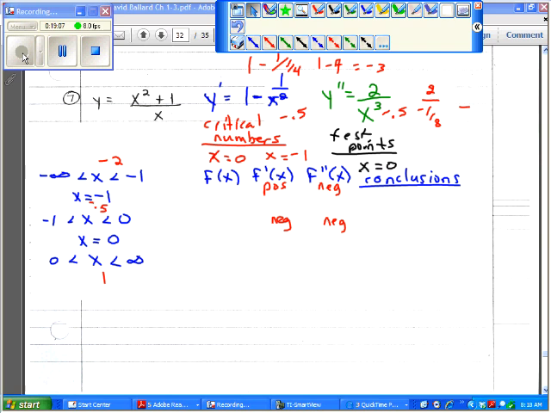In the third interval, we can choose a positive 1. If I choose a positive 1, I get another critical number. We didn't pay much attention to our critical number stuff, did we?